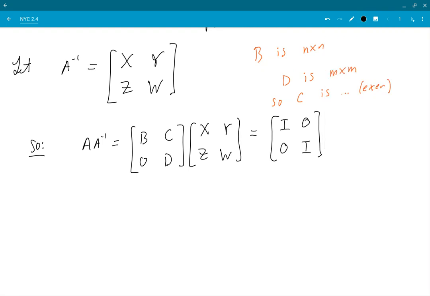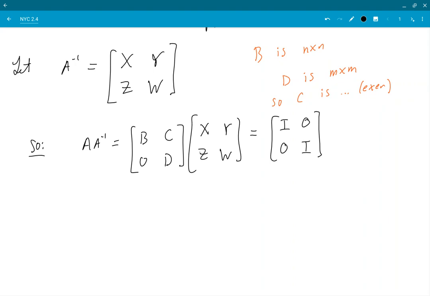Okay, where was I? I'm looking at this equation here, and I'm going to try to solve for x, y, z, and w in terms of B, C, and D. So I'll start by doing this product here, and then I will see what I get.